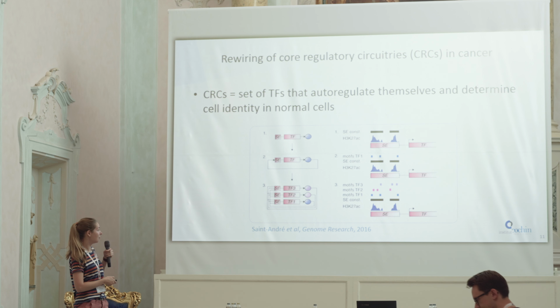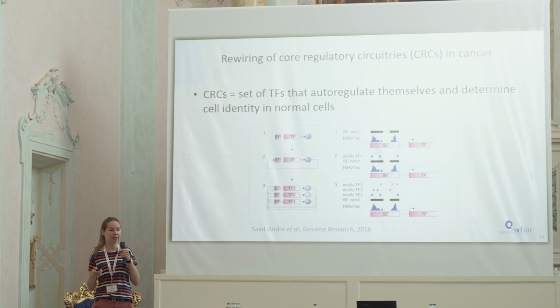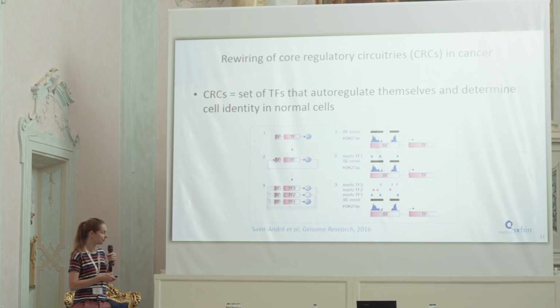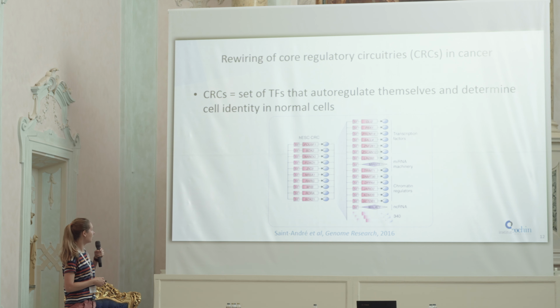And to find them, people just locate super enhancers, do motif analysis, create these graphs, and find cliques in the graph. To give you an example of such a CRC, this is a core circuitry identified in human embryonic stem cells.